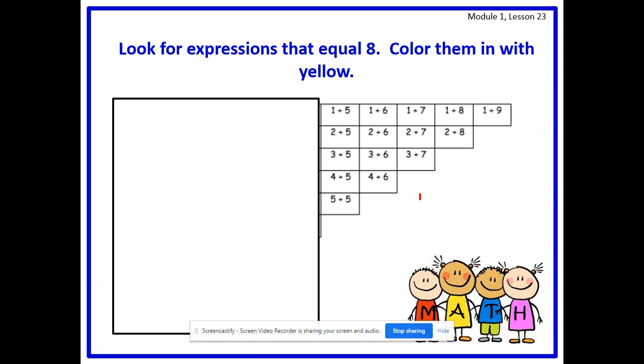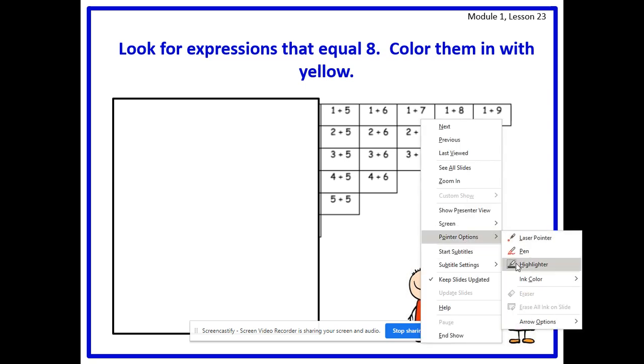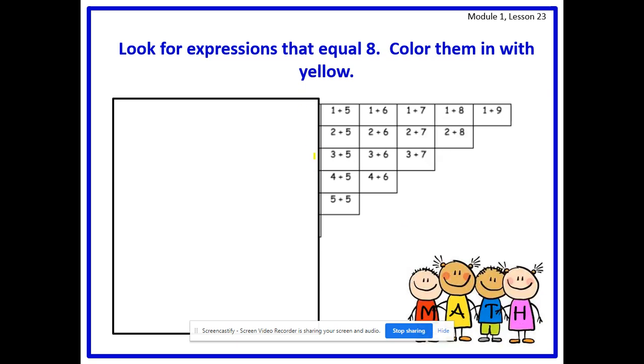Awesome. At this time, you should have already found the expressions that equal 8 and colored them in yellow. Let's review. So I am going to get my yellow, and if not these staircase equals 9, then I'm going to start right here. What's 3 plus 5? Get ready. 8. So you should have written 8 here and colored in this one yellow.